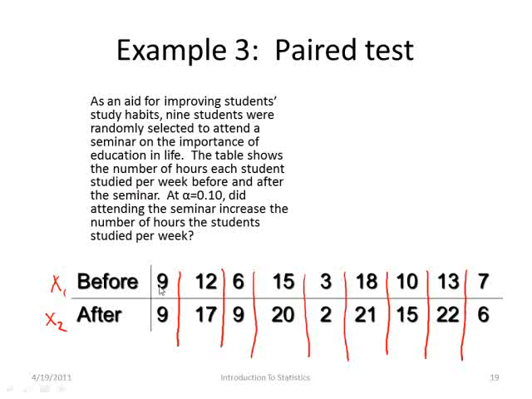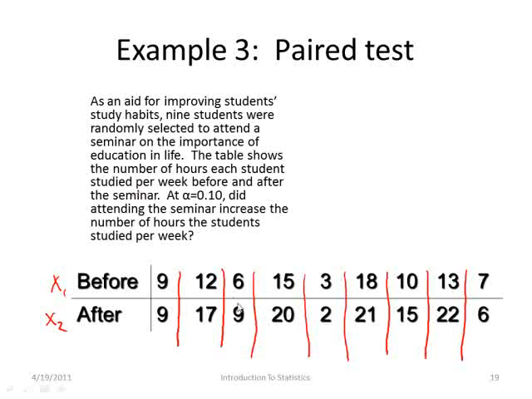So if I want to know if the seminar did not work, then I would think that these two numbers would be fairly close to one another. And if I want to determine if they are close to one another, then shouldn't I take their differences?